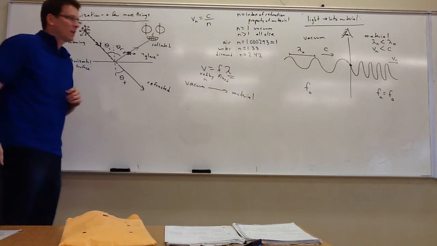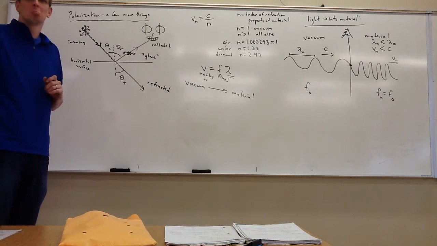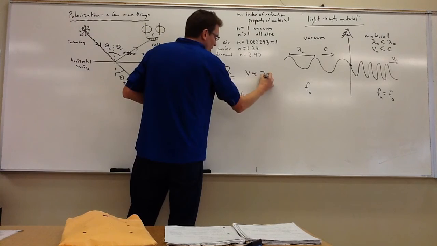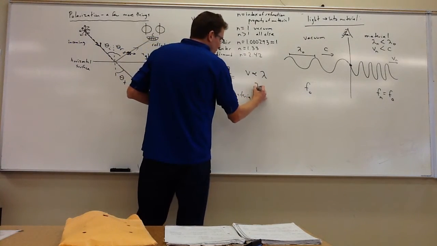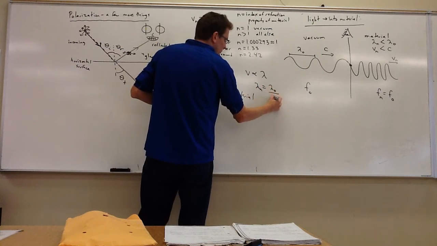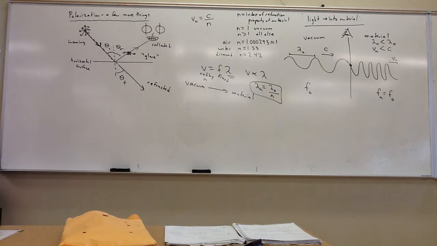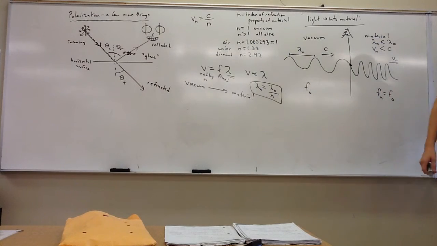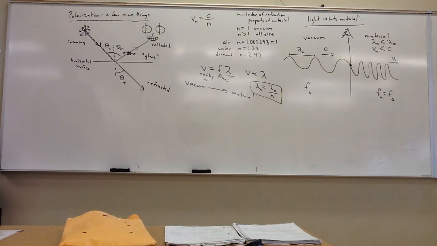So what does that mean about the wavelength? How much does that get reduced? By n, right? If f is fixed, then whatever happens to the speed happens to the wavelength. So we could also say that the wavelength is reduced by n. So when you go into a material, the light slows down by a factor n, the wavelength is compressed by a factor n, and the frequency is the same.